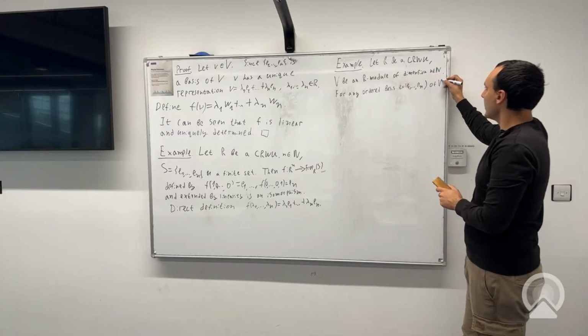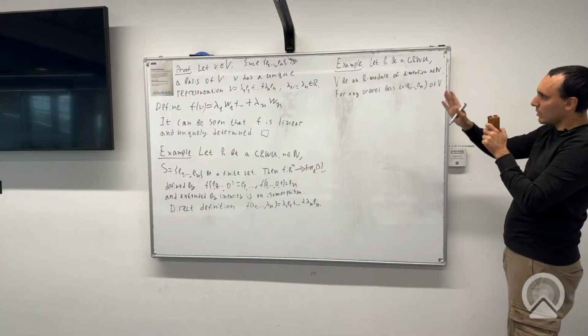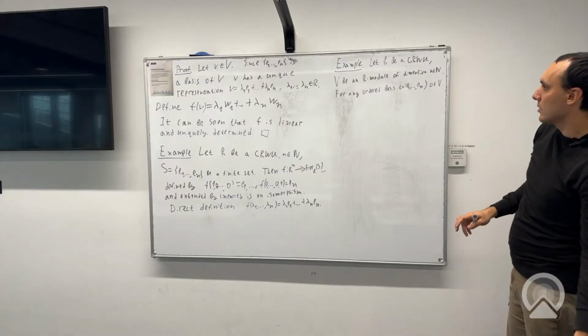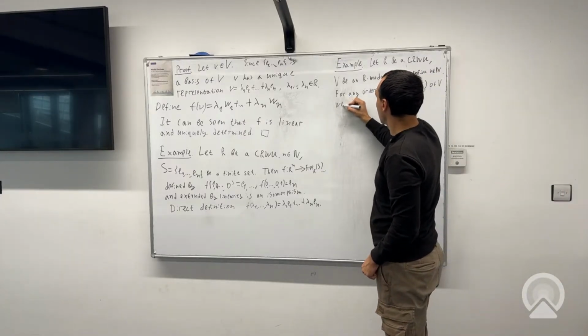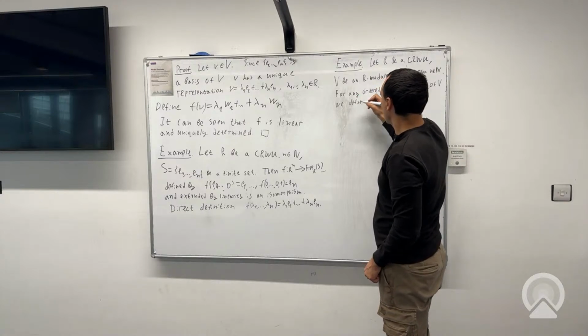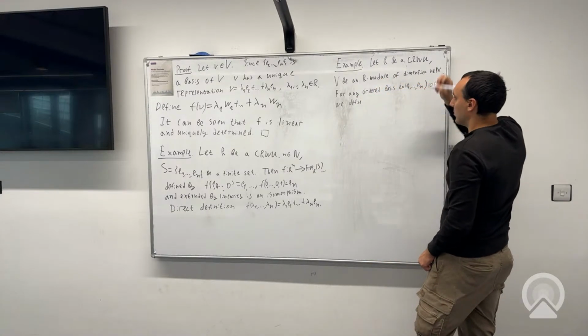So we take some basis and ordered elements. Now we define the coordinate map, maybe.